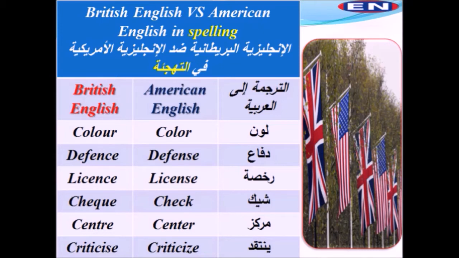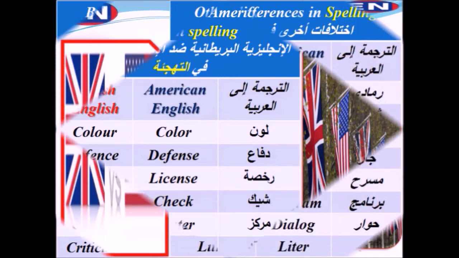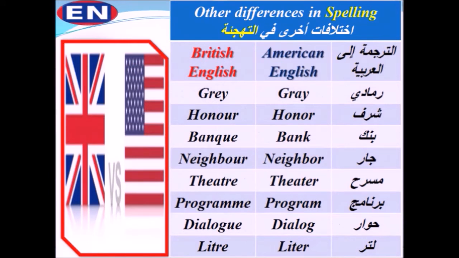In British English, they say centre. In American English, center. Criticise, the last word. And in American English, criticize. Let's take some other examples in spelling. So in British English we have grey. In American English, gray. Next word, honour. In America they say honor.